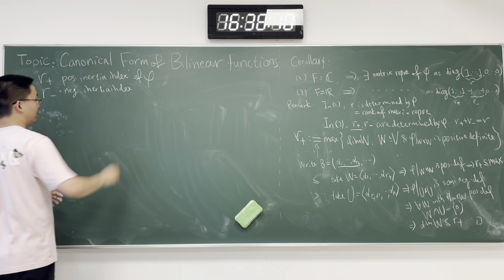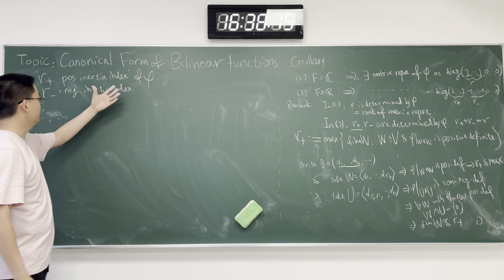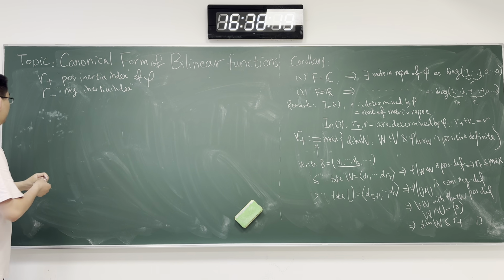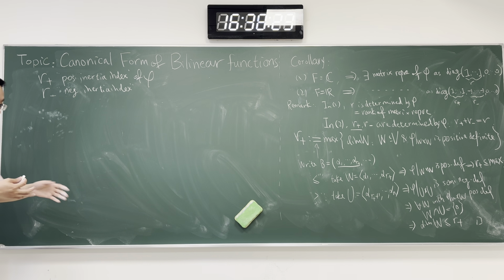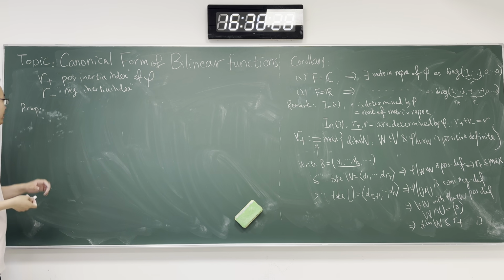Our statement is that, up to congruence, the positive and negative indexes will not change. But now I would like to give you another, stronger statement. Proposition, or maybe exercise.